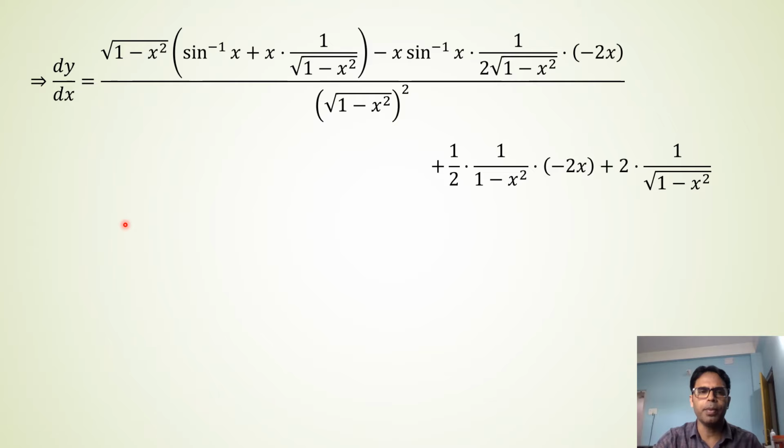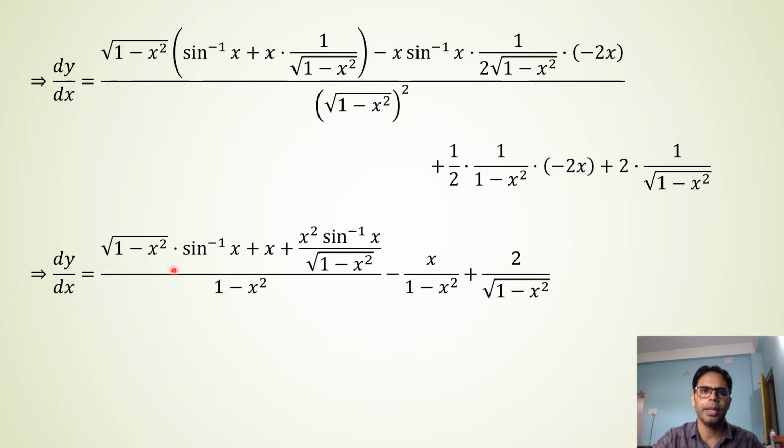Okay, so you take simple calculations, so dy/dx, this into this remaining the same, plus this will cancel out because root over 1 minus x square over root over 1 minus x square, so plus x will remain there, this minus is coming here to make it positive, x into x is x square, the sine inverse x is remaining the same, and this 2 is already cancelled, and the denominator is root over 1 minus x square, and divided by this root, the root and square are cancelled, it is simply 1 minus x square, minus this minus is coming here, the 2 is cancelled, numerator is x, denominator is 1 minus x square only, this plus is already here, this is 2 by root over 1 minus x square.